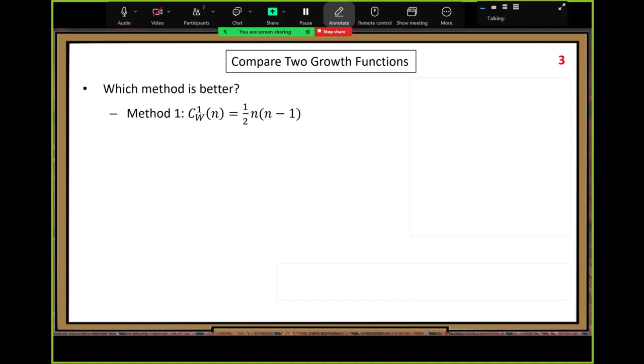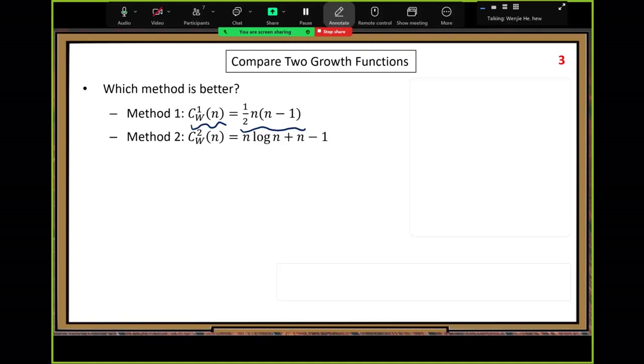All right. Method 1, the worst case. So this is the efficiency function, the C function. We use C function, not T function here. Okay? And method 2, also C function, worst case, efficiency function.